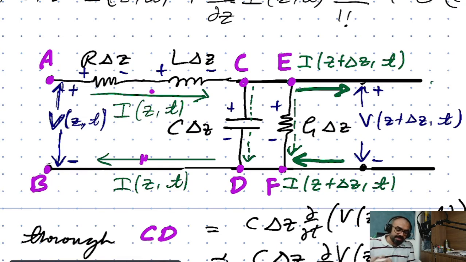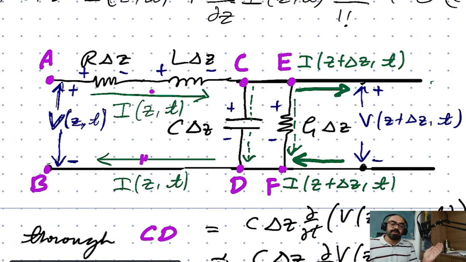You see how this comes about. This return current is going to be there for both the forward traveling current wave and the reverse traveling current wave. So the current going through dB is not the backward current. Bear that in mind. That is the return current. The return current is not the same as the backward traveling current wave.